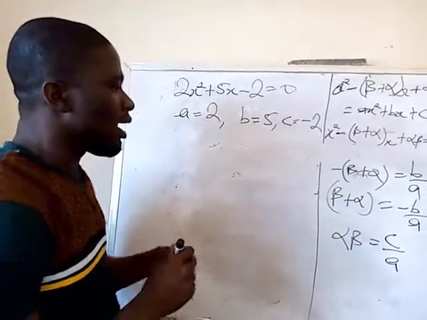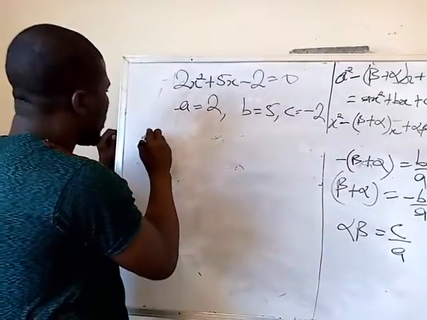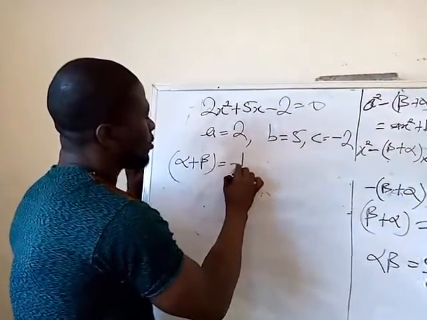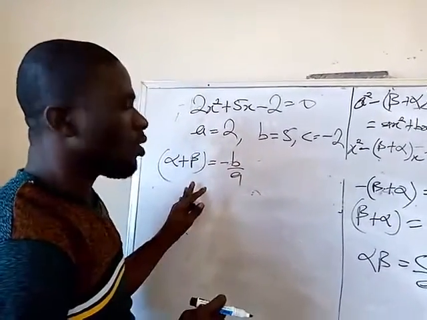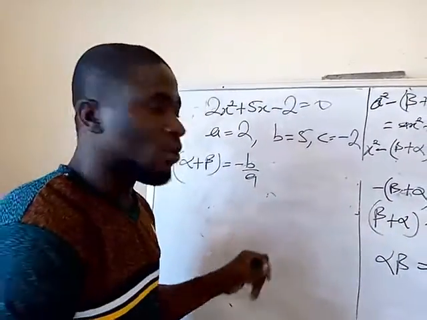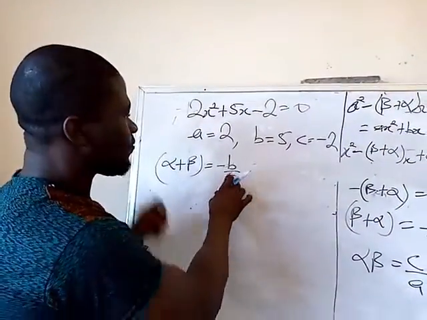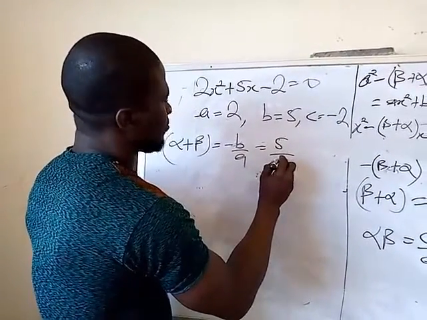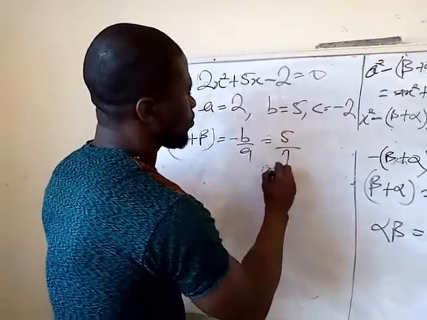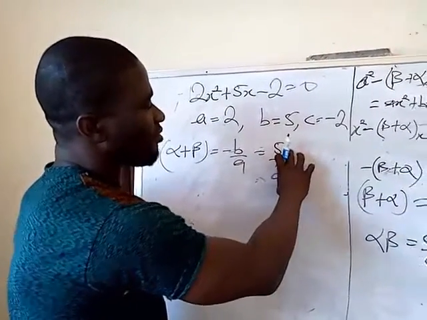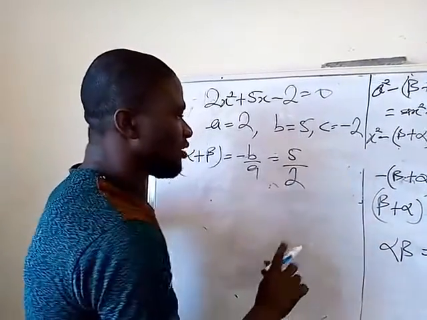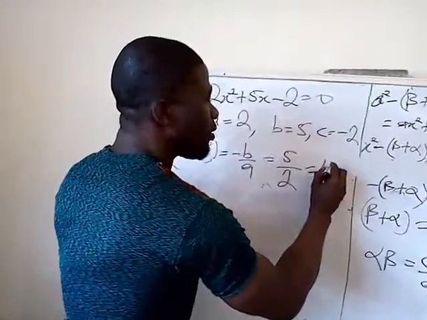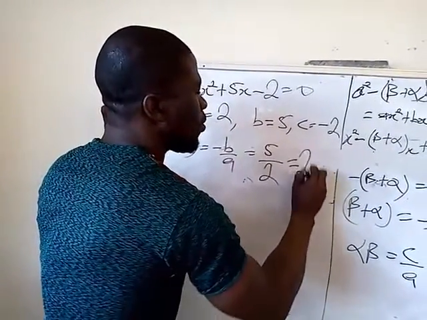From the formula, alpha plus beta, or beta plus alpha, equals minus b over a, which is the sum. With b being 5 and a being 2, we don't want to leave it like this. We reduce it to a mixed fraction, which gives us 2 whole number 1 over 2.